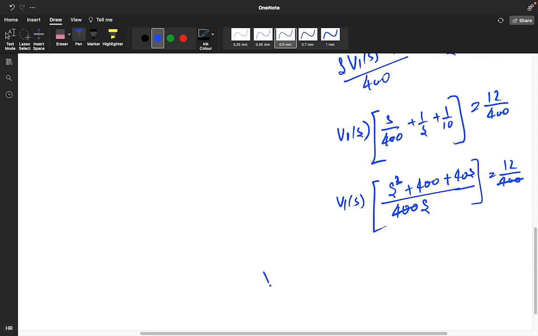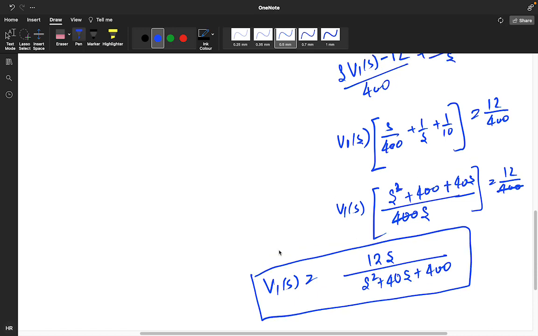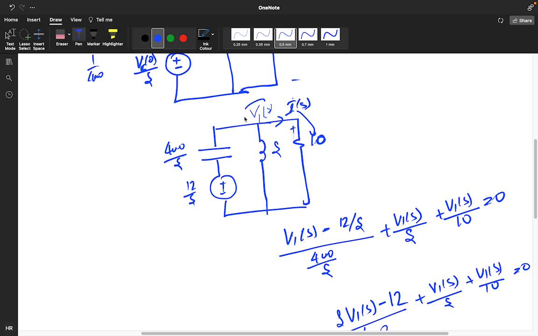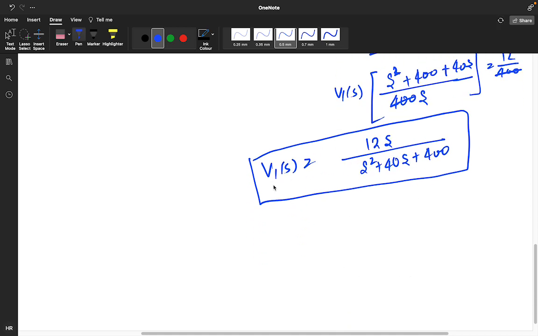So v1 of s you will get 12s divided by s square plus 40s plus 400. So you are getting the value of v1 of s, but what you need to find is the voltage across this, in the form of v1 of t.